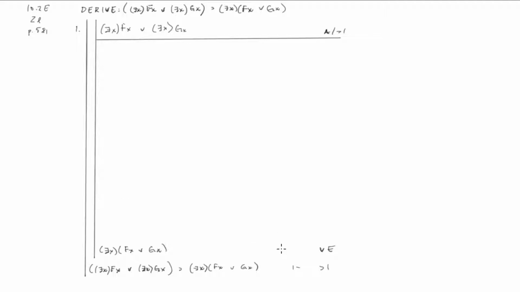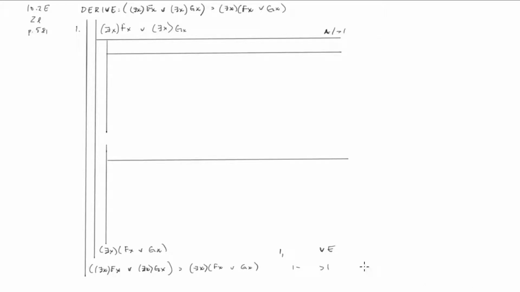So we're going to use wedge elimination on line 1, which is our disjunction. This is a subderivation rule. That means it's a rule that takes subderivations as input. So I'm going to go ahead and set up those scope lines. There they are.